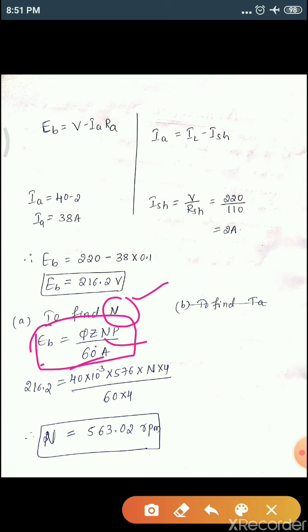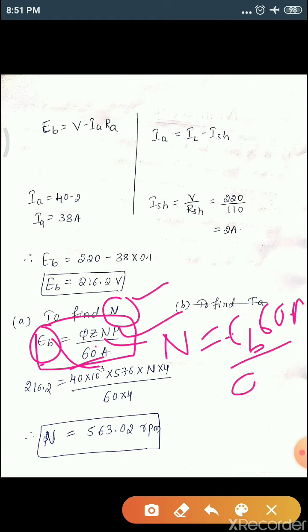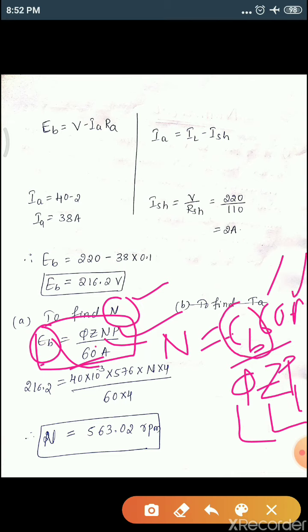Writing the formula in terms of N, it will be N equal to EB into 60 into A divided by phi ZP. Phi, Z, and P they have given, P means number of poles. 60 is a constant, and A also they have given. Only EB we need to calculate.